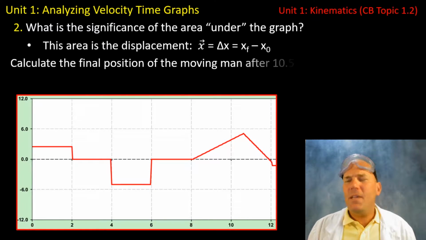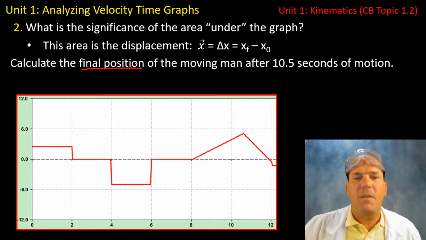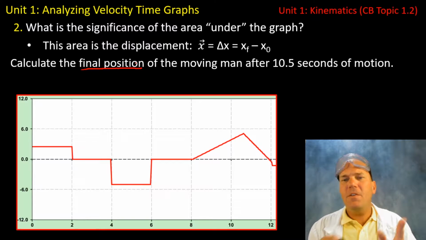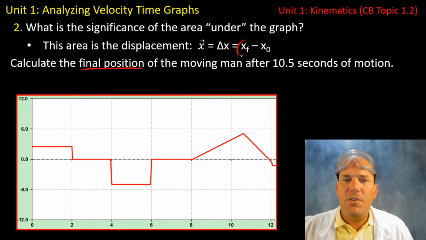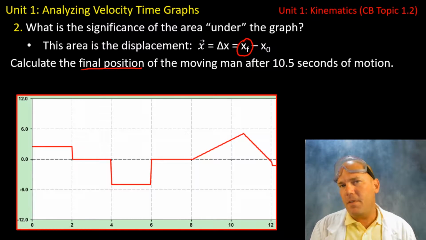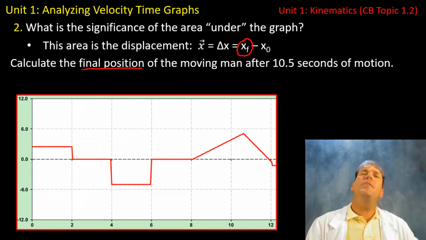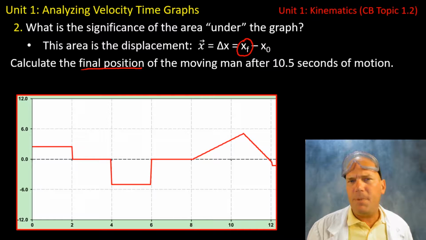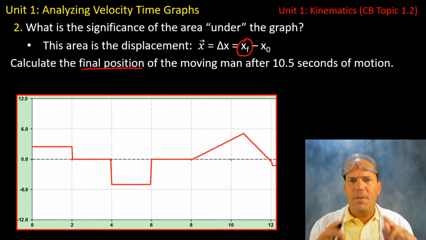In this problem, let's calculate the final position of the moving man after 10.5 seconds of motion. So we're still using the area under this graph. But in this instance, we're using it not to find the overall change in position or displacement, but to find the moving man's final position.